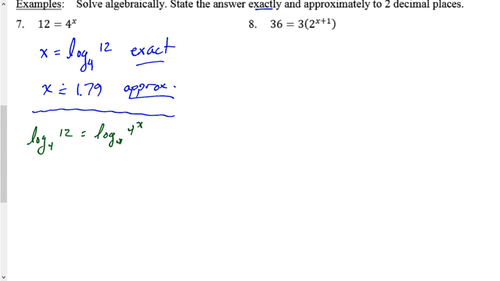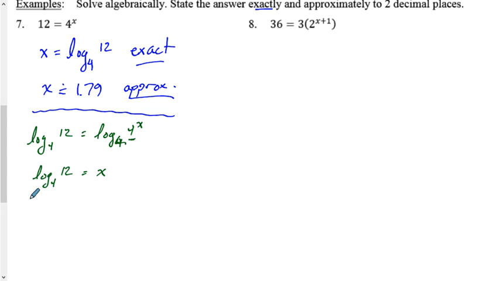Now, why did I do a log base 4? It's because my power had a base of 4 with the x in the logarithm. And we know the log base 4 of 4 to the exponent x is just equal to x. And so we get again, x is equal to log base 4 of 12.